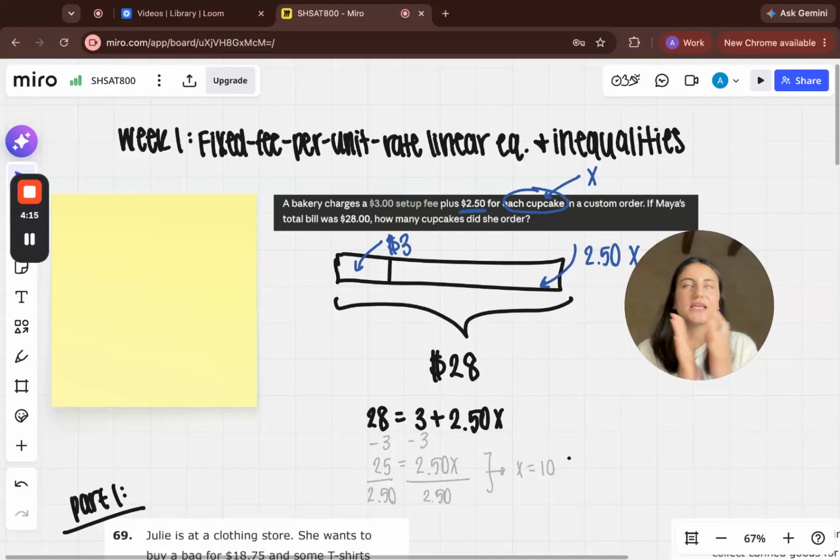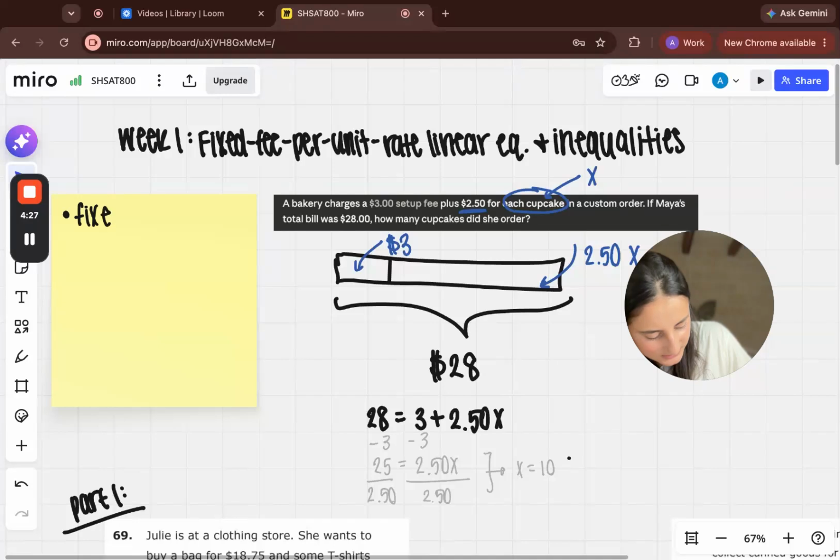So the key foundational takeaways I want you to take from this is, first, that we are going to be trying to identify the fixed amount, which in this case was a $3 setup fee, but that depends on the context of every word problem. And then we're going to identify the variable and its rate.